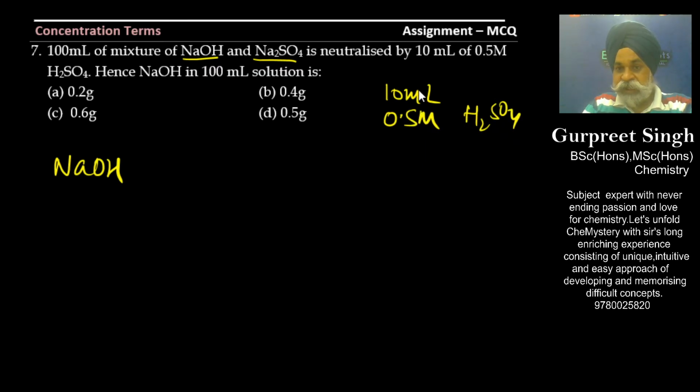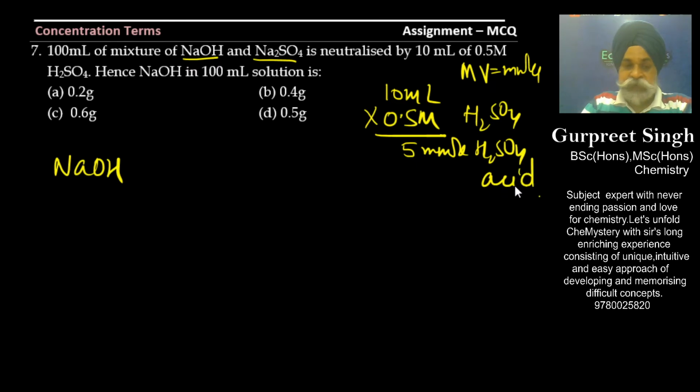If I multiply molarity into volume in milliliters, it gives millimoles. So we have 5 millimoles of H2SO4, and H2SO4 is an acid, and NaOH is a base.